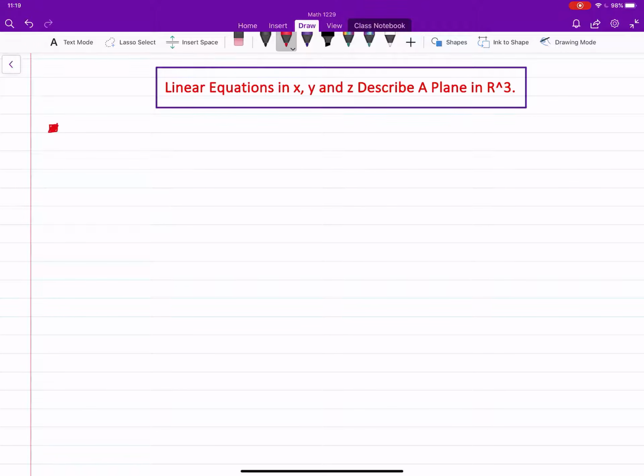So the first thing is: what is a linear equation in x, y, and z? Well, an equation is an equality of two expressions. But what does it mean, a linear equation in x, y, z?